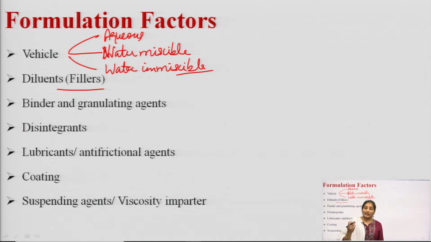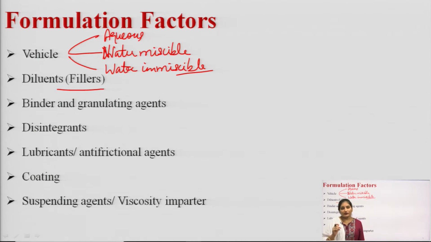In case of inorganic diluents, the example is dicalcium phosphate, that is the DCP, and this dicalcium phosphate has interaction with some drug substances, for example tetracycline. If dicalcium phosphate is combined with tetracycline, there can be the formation of a divalent cation complex, and this complex will be poorly soluble, and because of the poor solubility, this complex will remain unabsorbable.